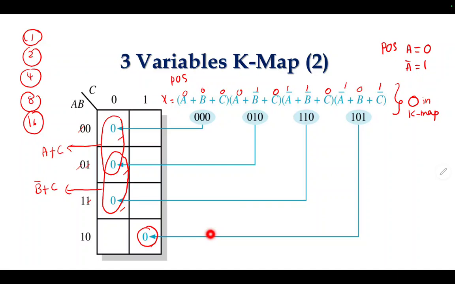And then this one is 1, 0, 1. A equals 1, which is a bar, plus b equals 0, b, plus c equals 1, so you got c bar. So here you can get x equals a plus c times b bar plus c times a bar plus b plus c bar.